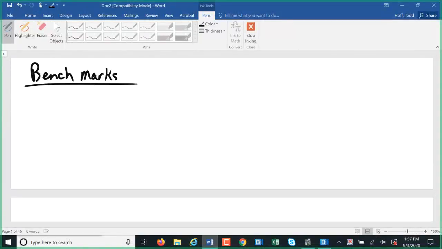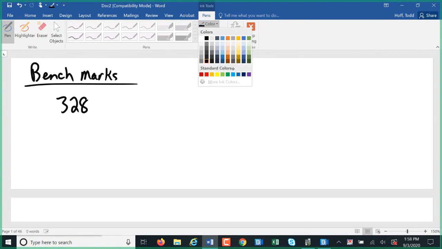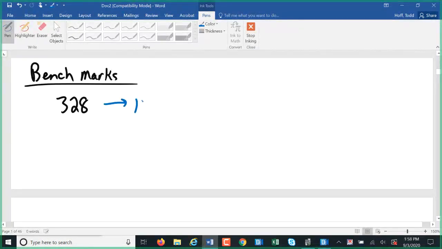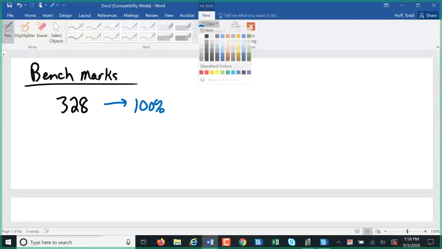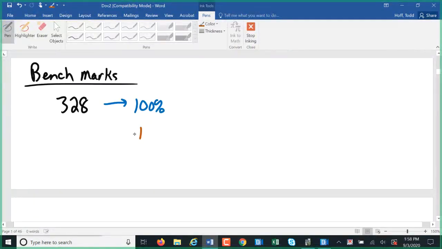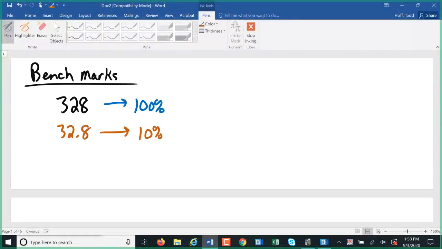So if I have a number like 328, that number represents the whole thing, or 100%. 10% of that is 10 out of 100, or 1/10. We just move the decimal point, 32.8. It's always real easy, really quick to find 10%. You divide by 10 or move that decimal point one spot.